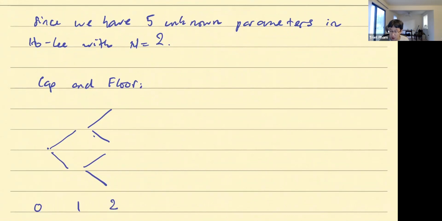Okay. So remember, right? So the play field is up to time 3 because the R2 is available for borrowing a lending, right, up to time period 3. So a cap, right? A cap with rate, sorry, with strike K, right?